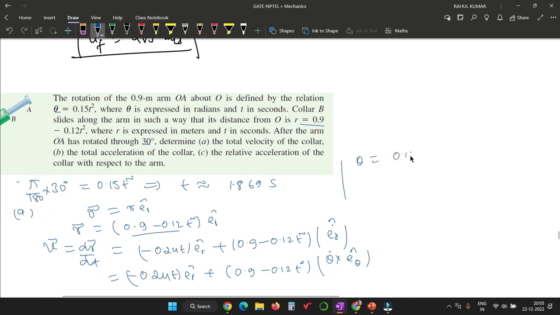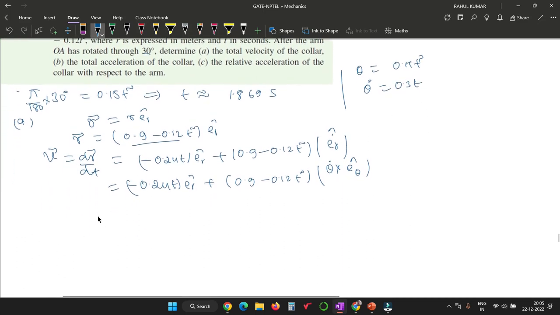Theta is 0.15 t square, so theta dot is 0.3 t. Now just substitute this: minus 0.24 t e_r plus 0.9 minus 0.12 t square times 0.3 t e_theta.